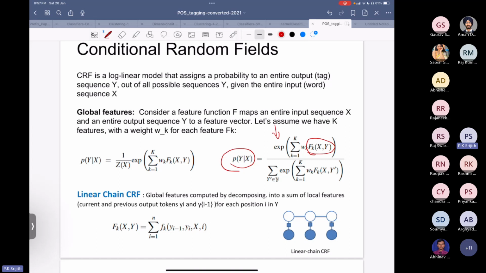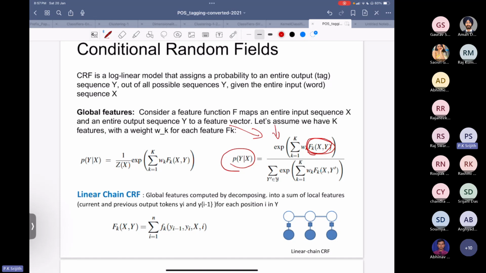So assume f_k(x, y) are the features that you have extracted. We'll see an example of what the features are from an input-output pair x and y. Then you can simply think of this as a logistic regression. This is exactly how a logistic regression model works.